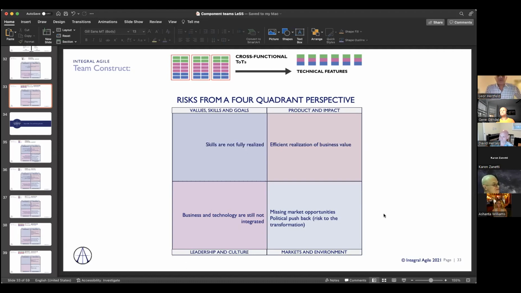Wouldn't political pushback go into the leadership and culture quadrant? That's a great question, because politics can't exist without some kind of a political culture. I put it on the lower right because of political structure, but this is what I love about the quadrants.